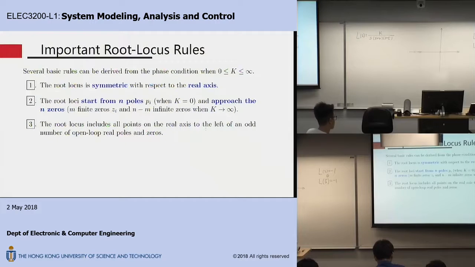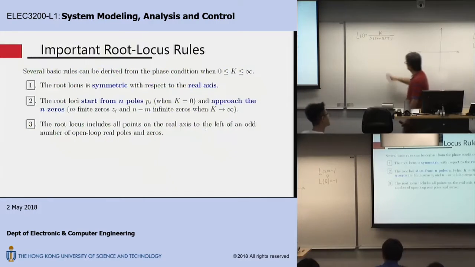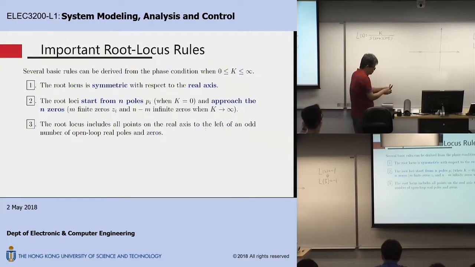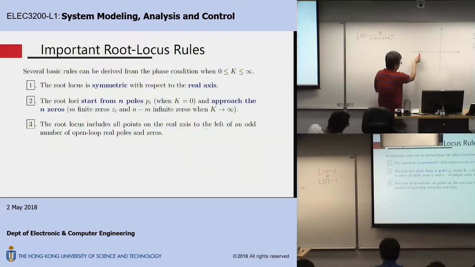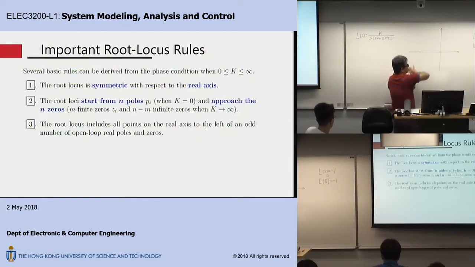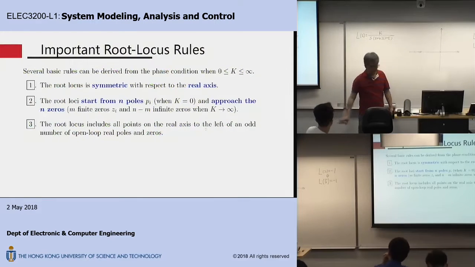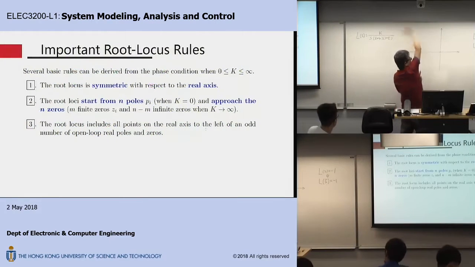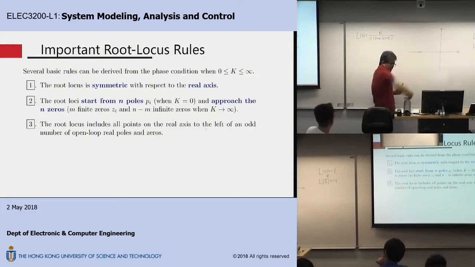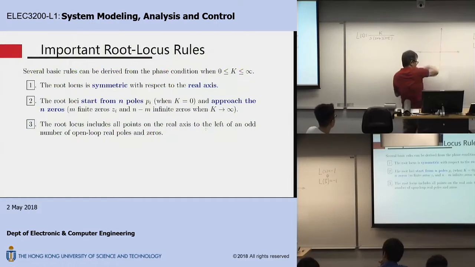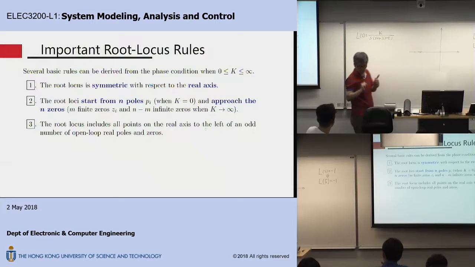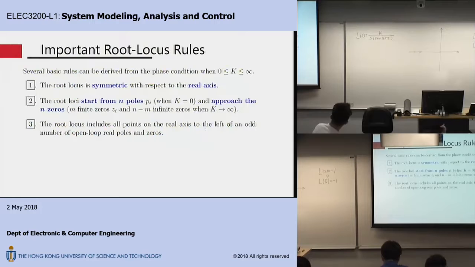Right? So for this thing, because there's no zero, you know that the root locus will start from these poles. Well, actually, it goes to infinity. But how does it go to infinity? Infinity actually has all the directions. You can go to infinity that way, this way, or this way. So that's something we have to determine, okay, in a while.